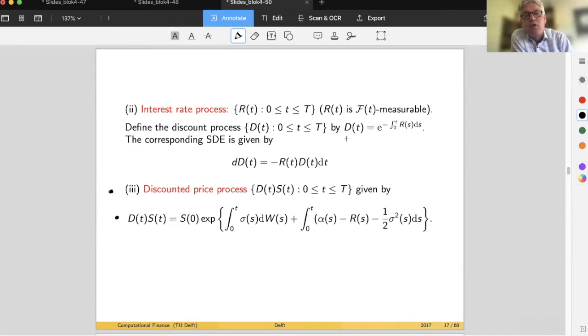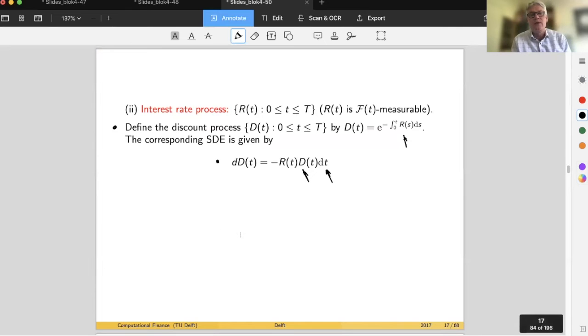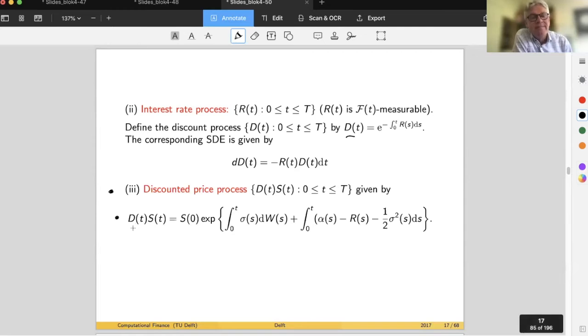We have a form for D_t here, and recall from the previous slide that we have a form for S_t: S_0 e to the power a dW term and a dt term. And here we also have a dt term. So if we multiply the two, you can imagine that we will get an extra dt term and that the dW term stays as it was. And that is indeed what we see.